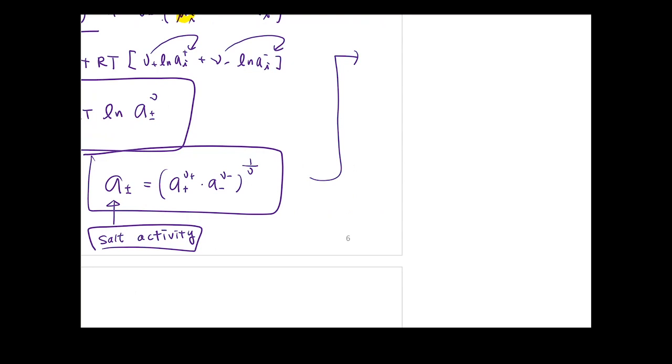We want to expand this a little more, because we can also define activity using activity coefficients times the concentration. Activity equals the activity coefficient multiplied by the concentration.